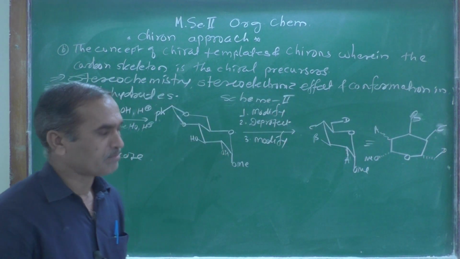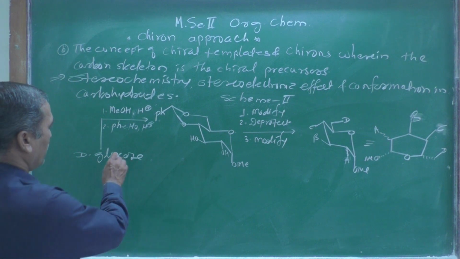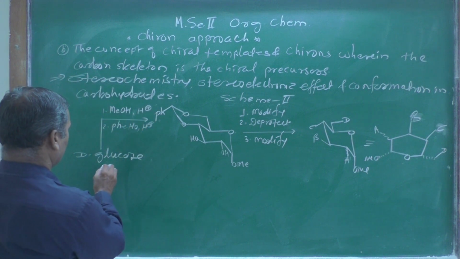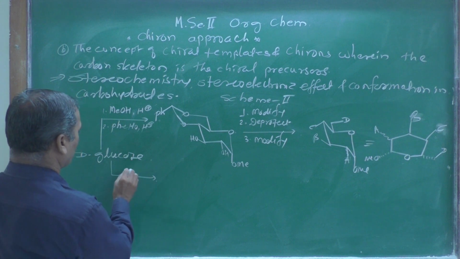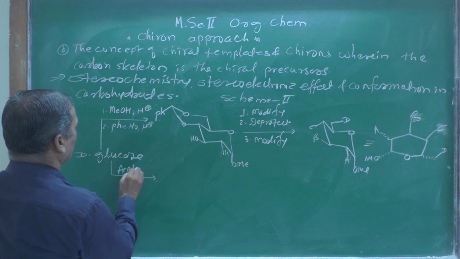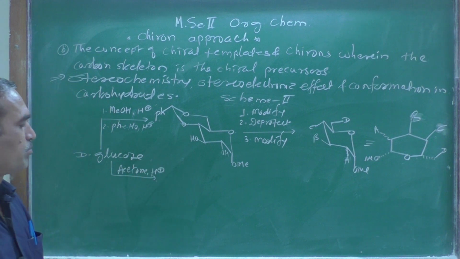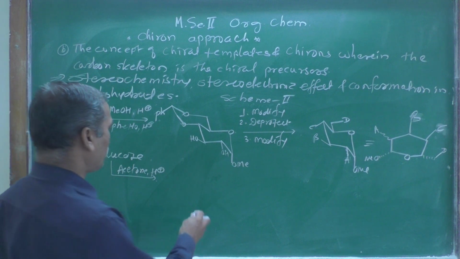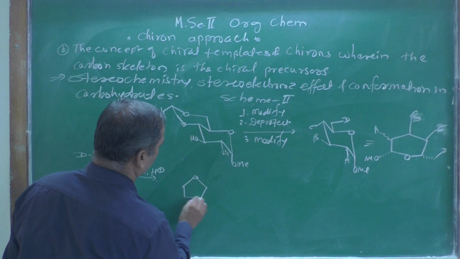So in this way we can modify this, and now this glucose, suppose it is further treated with acetone in the presence of H plus, and it can be protected as 1,2, for example in the case of the 5-membered ring. So let us see the 5-membered ring specially.